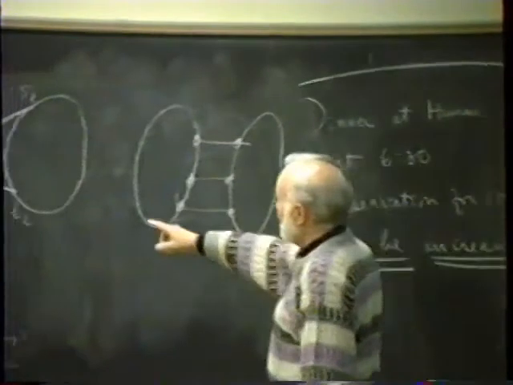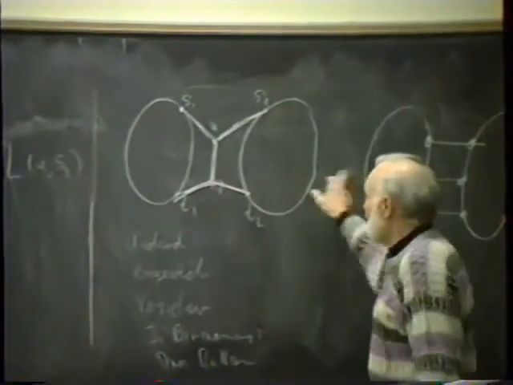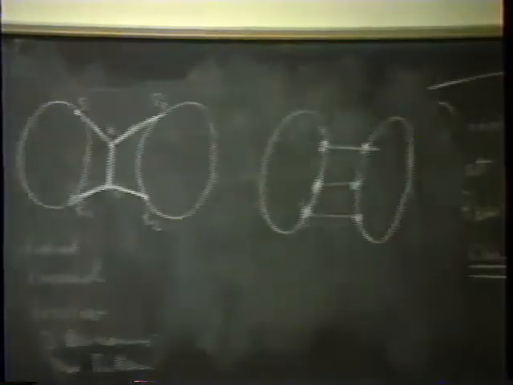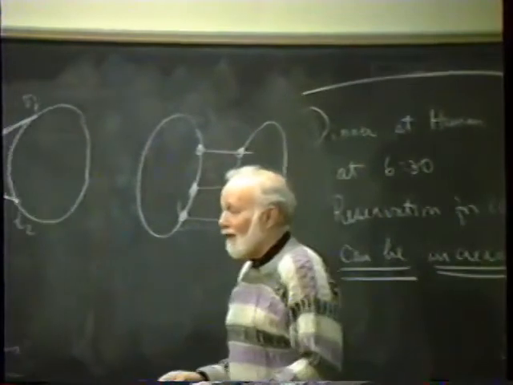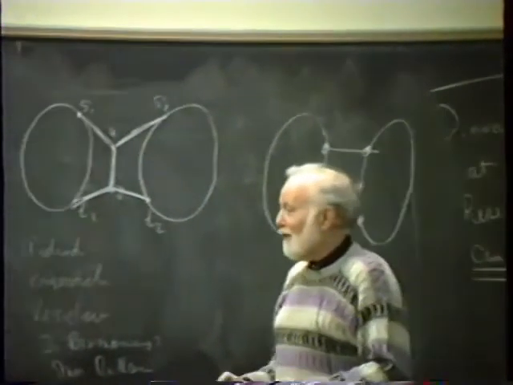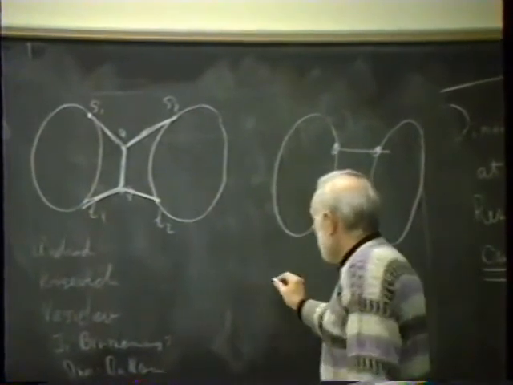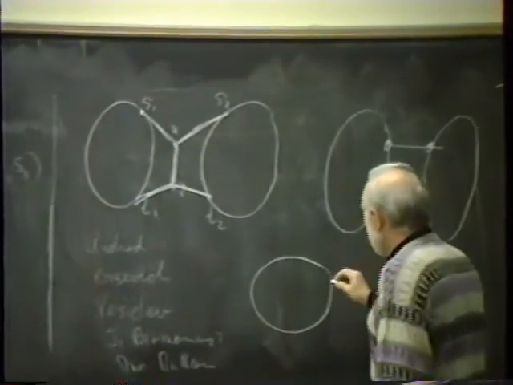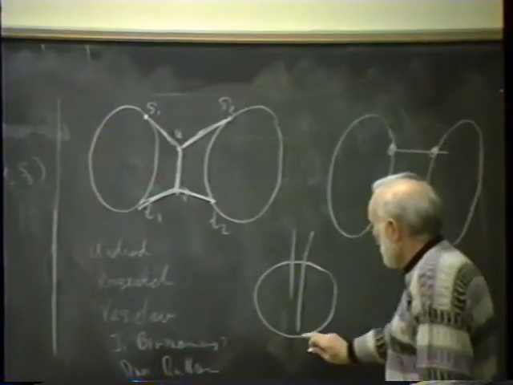So, for example, for this set of integrals, I know that it's invariant under isotopy. I know that it's zero if you haven't got a link. I don't know, I'd hope it isn't zero on this example.